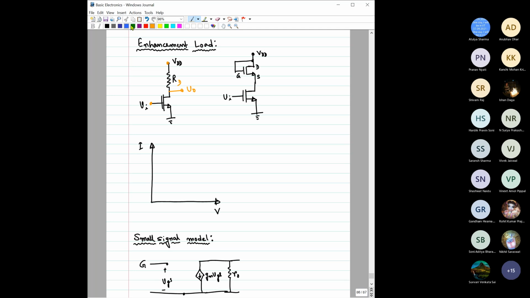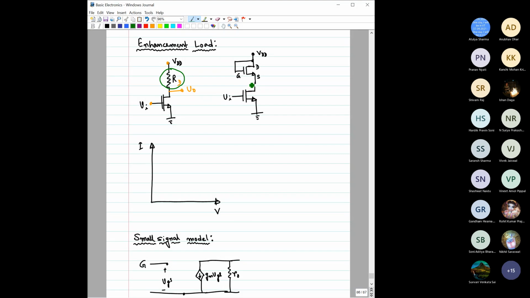But to implement this resistance in an IC, it takes more space. Space means real estate on the silicon chip. So it would be better if we can eliminate this direct resistance and replace it by an active device.